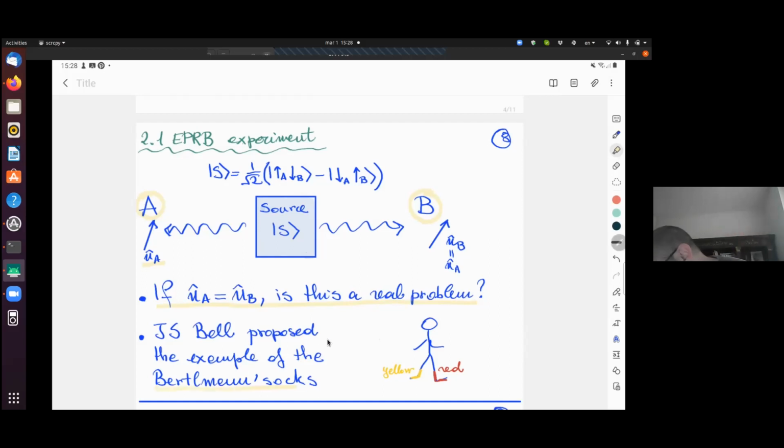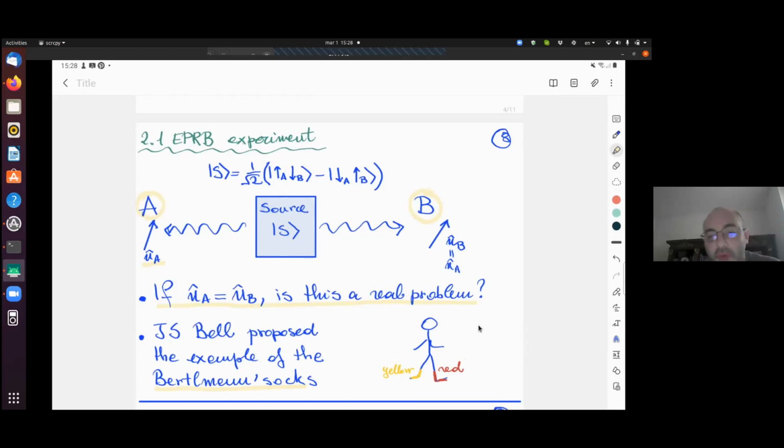The example that Bell proposes, which is nowadays famous, is the one of the socks of Professor Bertlmann, who was a professor at CERN when Bell also worked there. Professor Bertlmann was a fancy man, and he was famous for apparently wearing socks of different colors, for instance yellow and red.